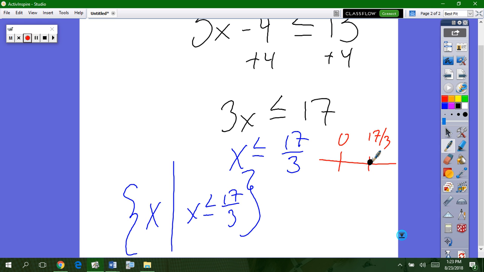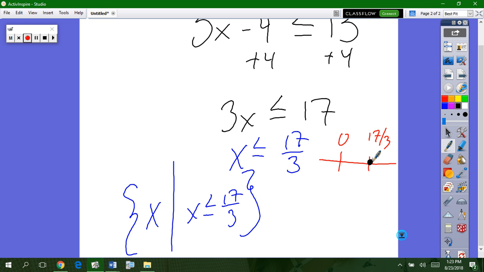Let me ask you this question. What's the largest number less than 5? It's something even larger than that. 4.999. Right? There's really no such thing as the largest number less than 5.